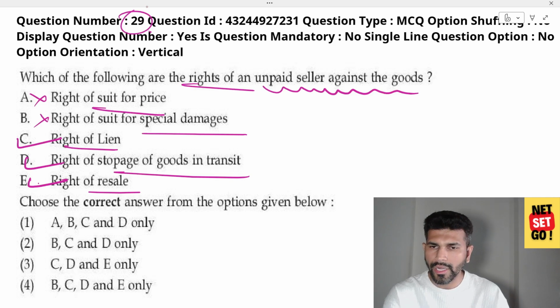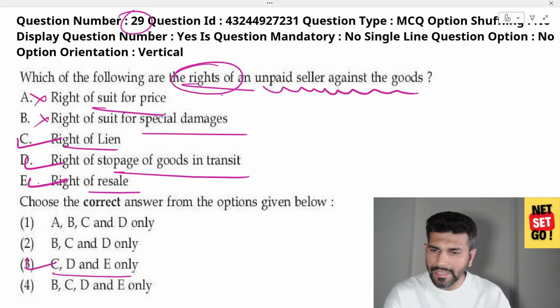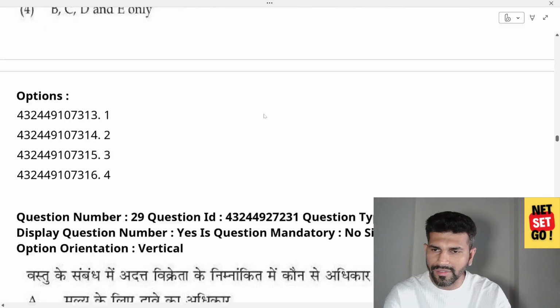A and B are not correct. So, which of the following are the rights of an unpaid seller against the goods? C, D, and E only. Option 3 is the correct answer. Right to retain the goods. If the amount is not paid by the buyer, then he can stop the goods in transit or he can resell to another customer also. Option 3 is the correct answer.